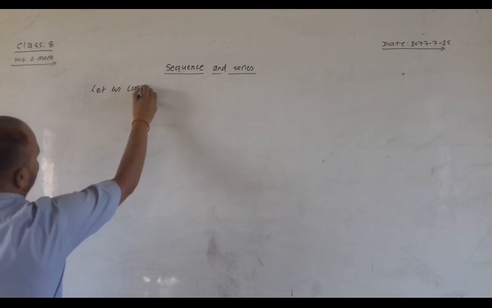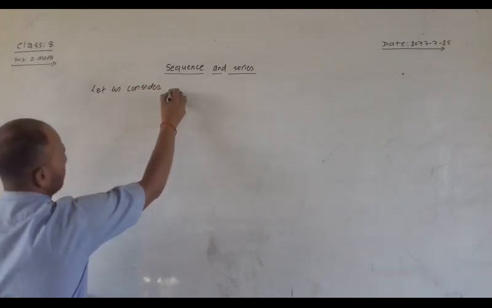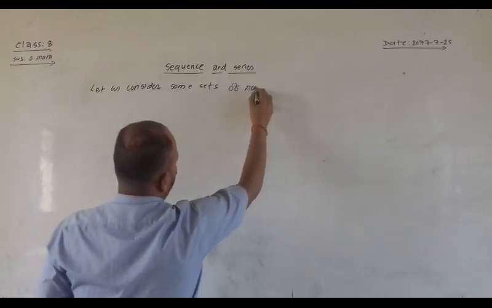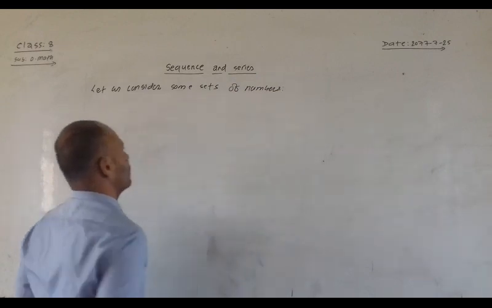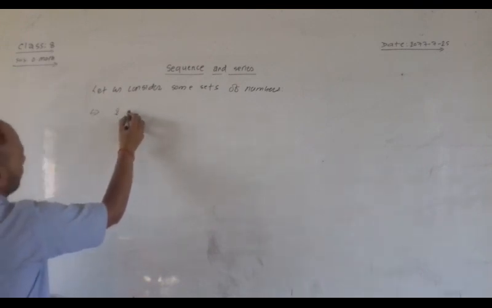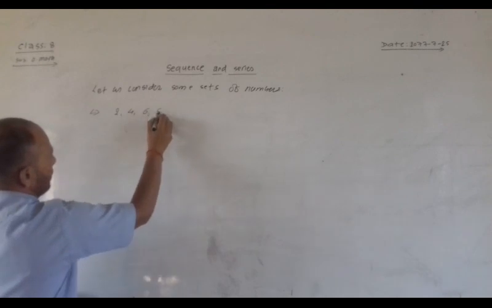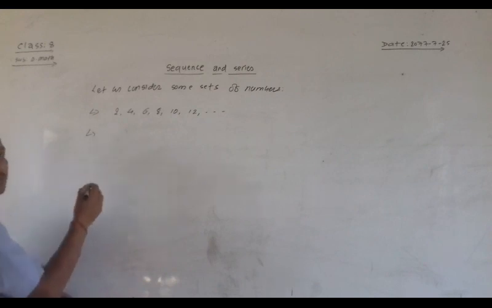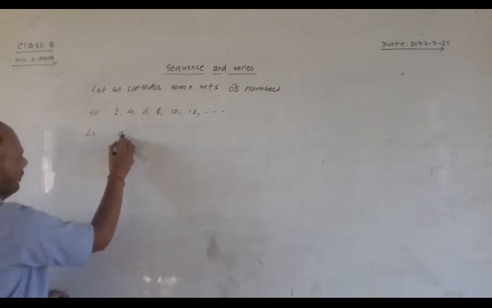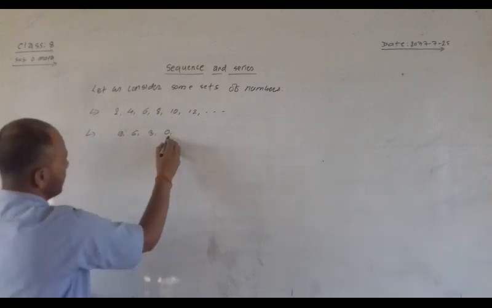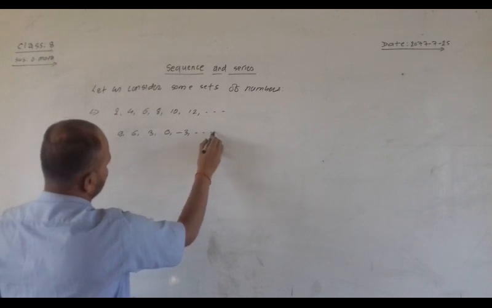Let us consider some sets of numbers. We have 2, 4, 6, 8, 10, 12. Another: 9, 6, 3, 0, minus 3.